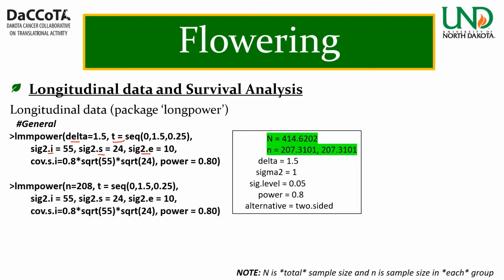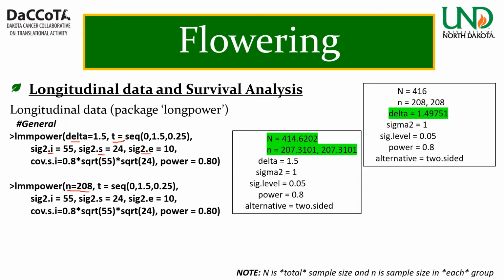So in the second example, we have n, but we want to calculate delta. We can do the same thing, and we can see here that it's really going to be the same, other than rounding errors, because these two procedures were inverses. One had delta and wanted sample size, the other had sample size and wanted delta. Otherwise, all the other values were the same.